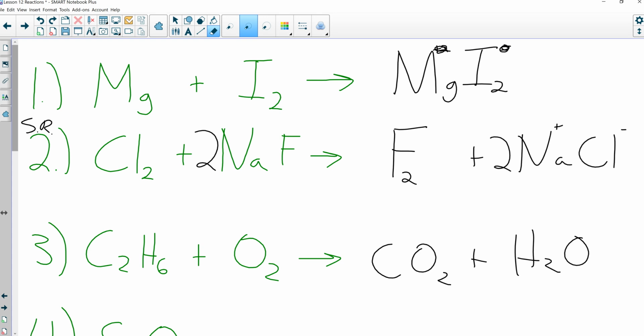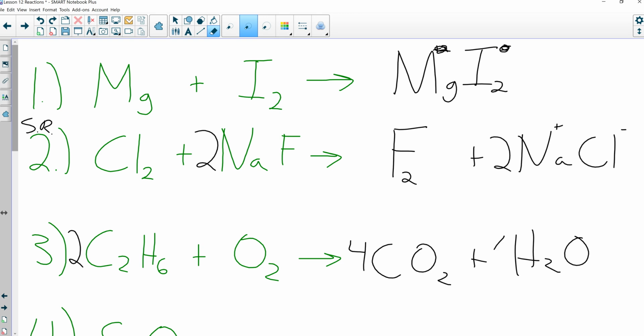Right? For balancing this one, combustion reactions have special rules. Okay? Alphabetical first, and do I need the rule of 2 for this one? I do, because 2 is an even number. All right. 2 times 2 is? 4. Okay, 2 times 6 is? 12.